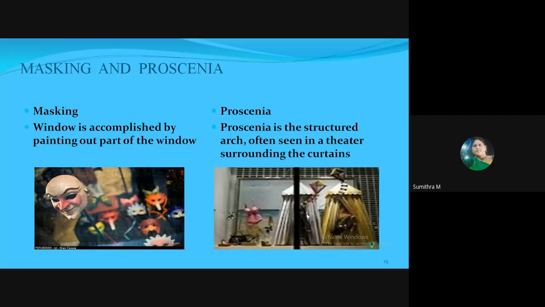So they will come near, see, and identify the particular product which is displayed. If they are attracted, they will purchase that particular product. It is also one type of display which is named as portioning. For this, they use different types of curtains, so it will be a little bit expensive when compared to other displays.